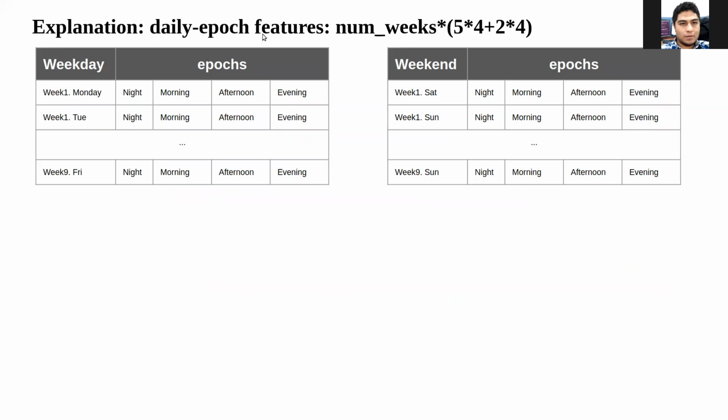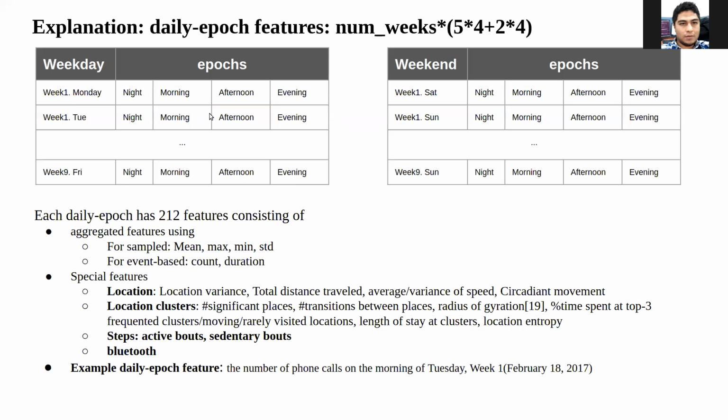First, here is what I mean by daily epoch features, more visually. Let's say we have 9 weeks of data collection, starting from Monday and ending at week 9 Friday. We have these epochs for all of them, and each of these epochs has 212 features, obtained from the smartphone sensor or Fitbit sensor. Some of them are aggregated features, like mean or max.